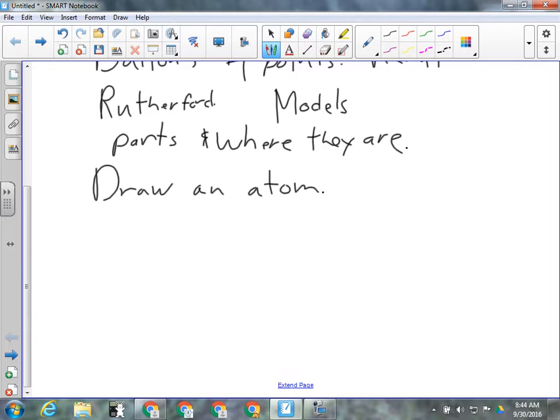I want to see what that atom would look like according to our current understanding, a picture of that atom in particular, which means you need to be able to figure out how many of every particle it would have in order to draw it correctly.